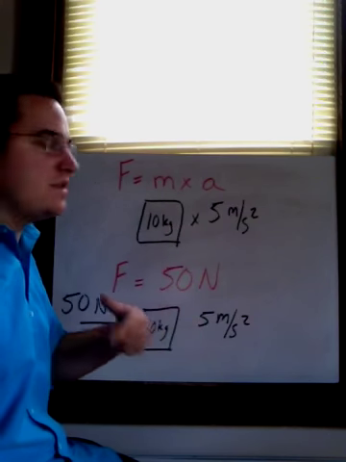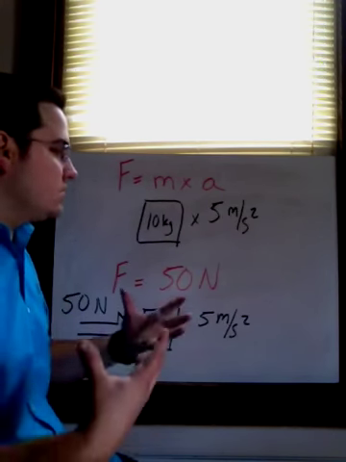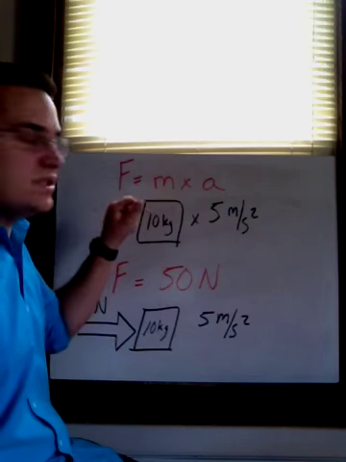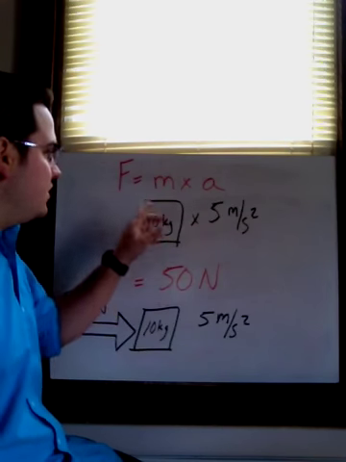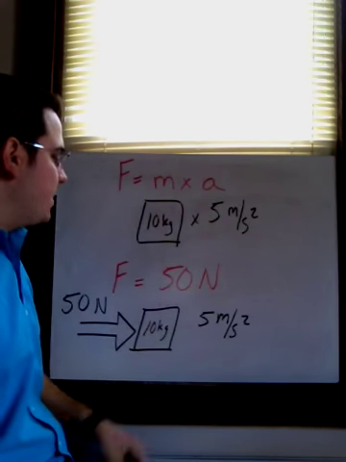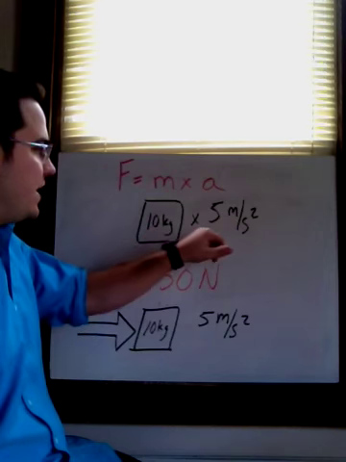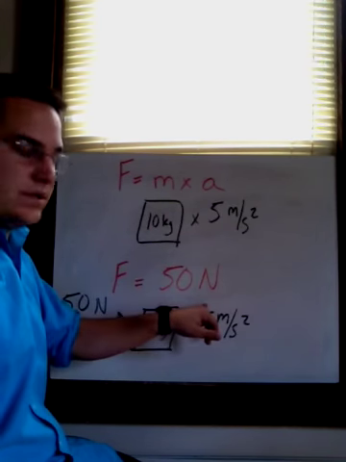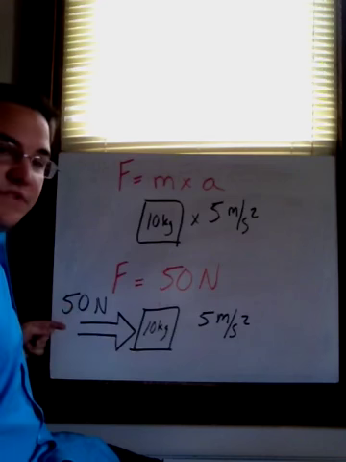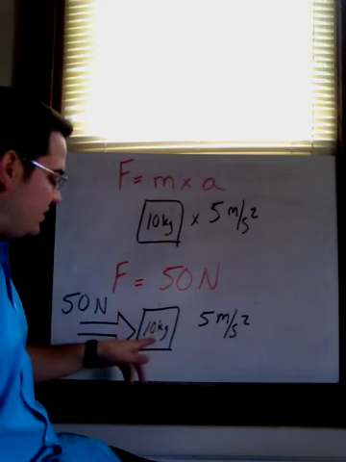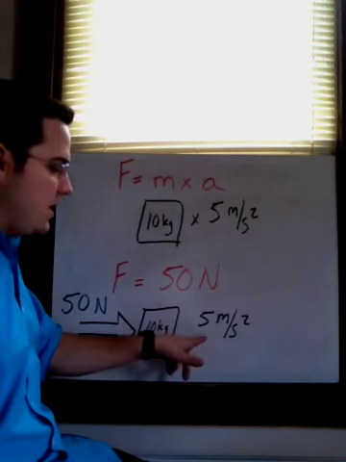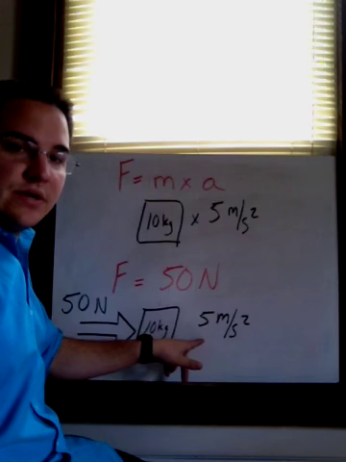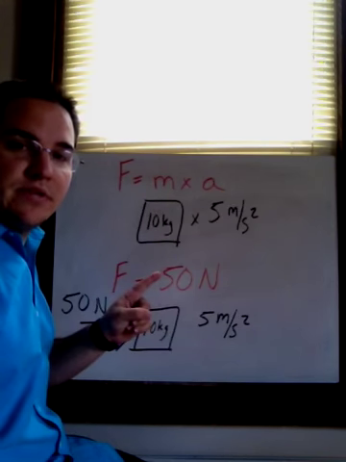To figure out the amount of force needed to make this happen, we just plug it into the formula. We get 10 kilograms times 5 meters per second squared. Our force equals 50 newtons. Therefore, 50 newtons needs to be applied to a 10 kilogram mass to make it accelerate at 5 meters per second squared.